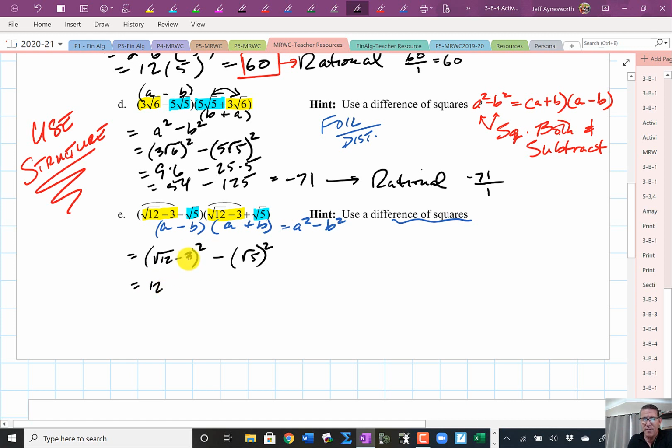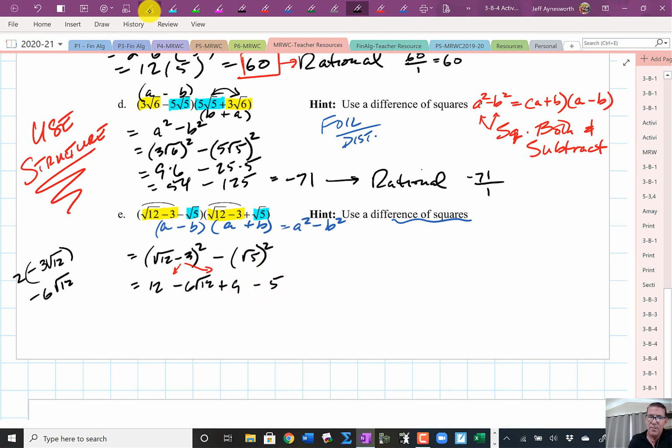You multiply negative 3 and root 12 to get negative 3 root 12. But then you double it, which means times 2, and you get negative 6 root 12. And then you square the negative 3 to get 9. So when you square the binomial, you get these 3 terms. And then when you square the root 5, you just get 5.